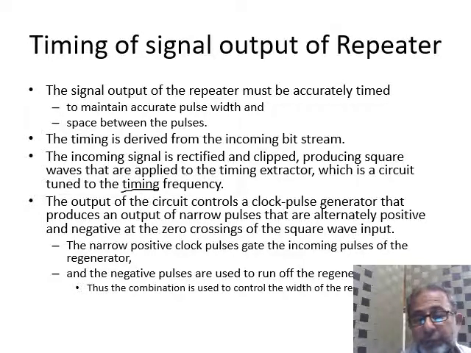The output of the circuit controls a clock pulse generator that produces narrow pulses that are alternately positive and negative at the zero crossings of the square wave input.